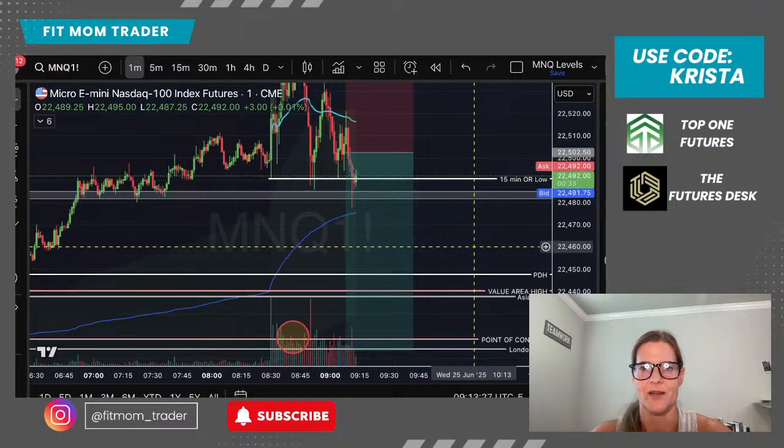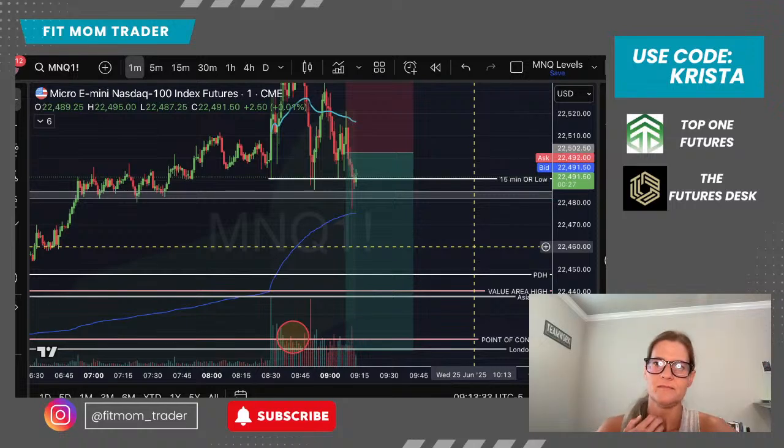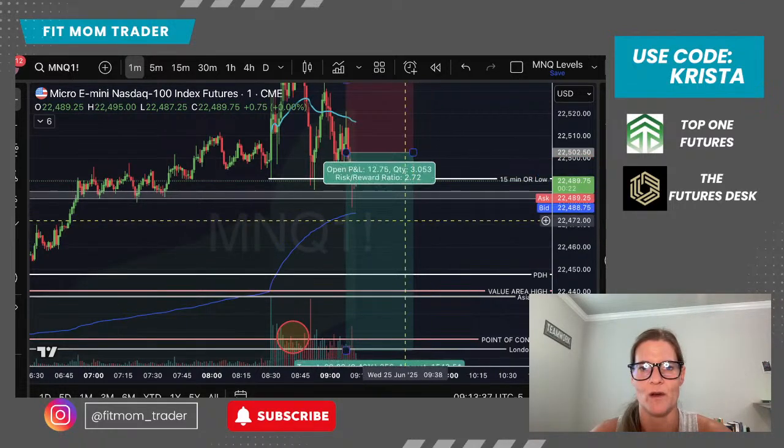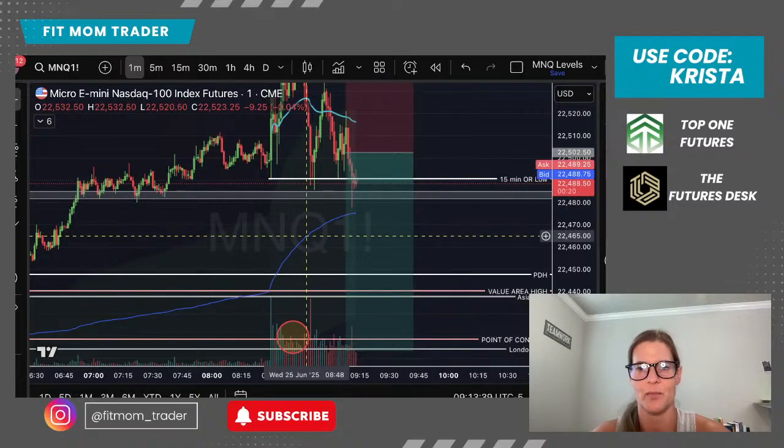All right, starting to get back inside that 15-minute opening range. It is holding above VWAP. It's got to get below.